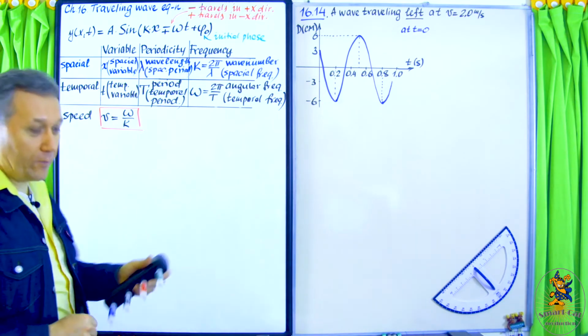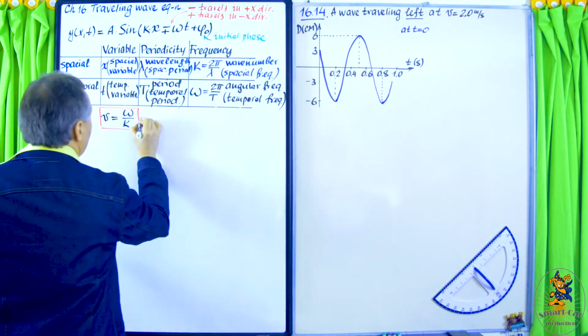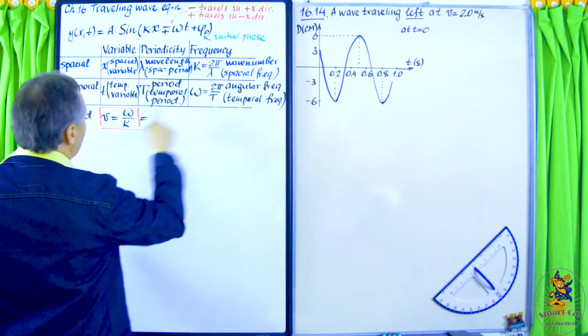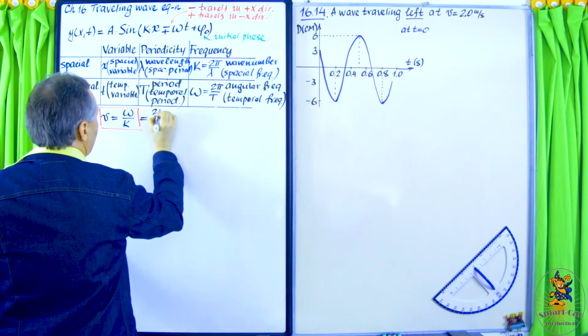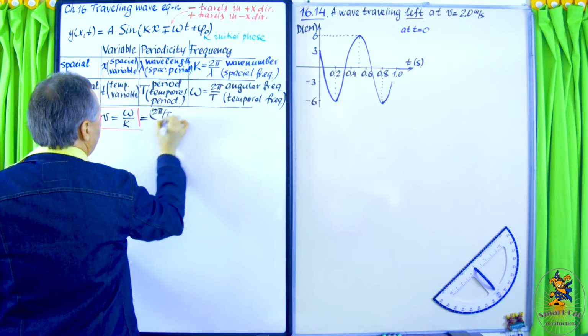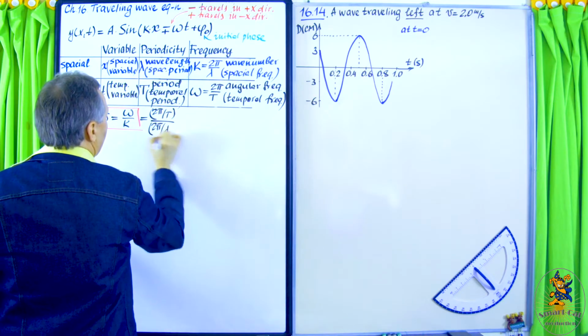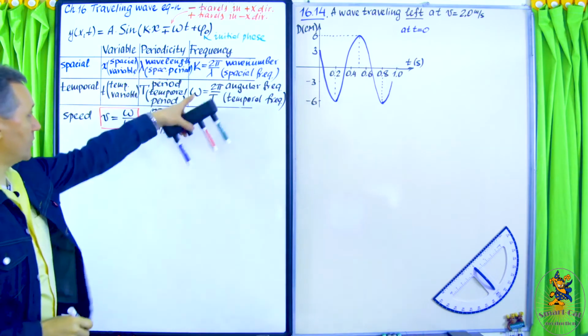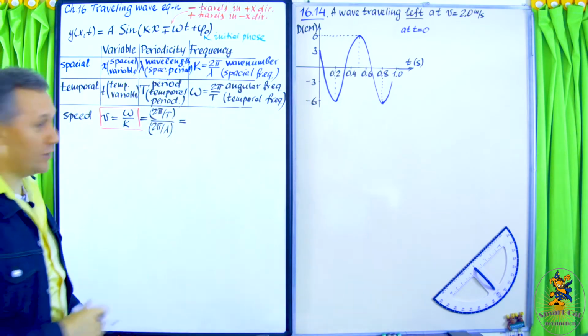But there is another way of finding speed. Look, we know the definition of omega. We know the definition of k. So if you write that down, it will be 2 pi over T, divided by 2 pi over lambda, right? Just use the definition. So lambda goes in the numerator, T in the denominator.